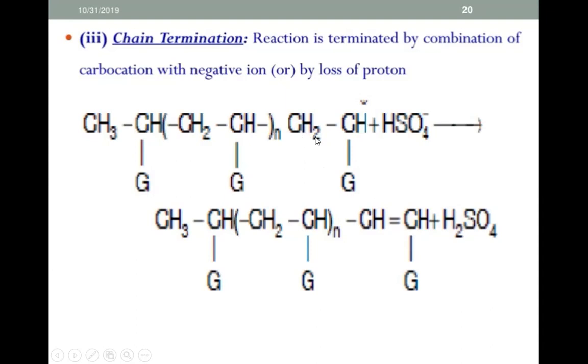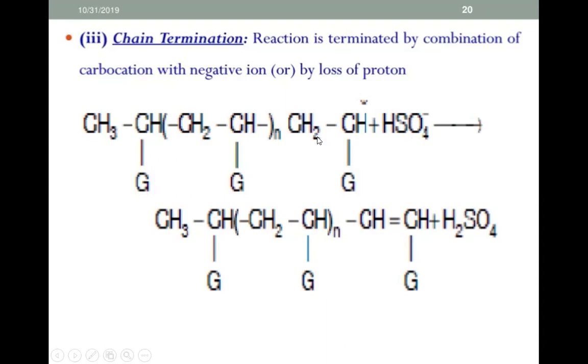So the chain gets terminated by the transfer of one of the hydrogens of the beta carbon atom to the sulfate ion, because the sulfate ion acts as a dehydrogenating agent.